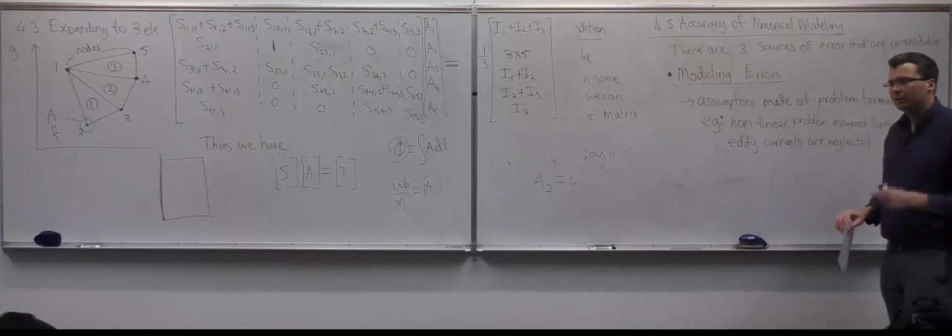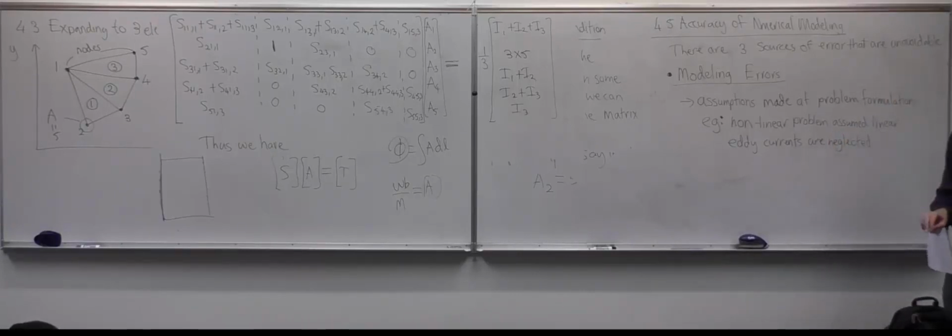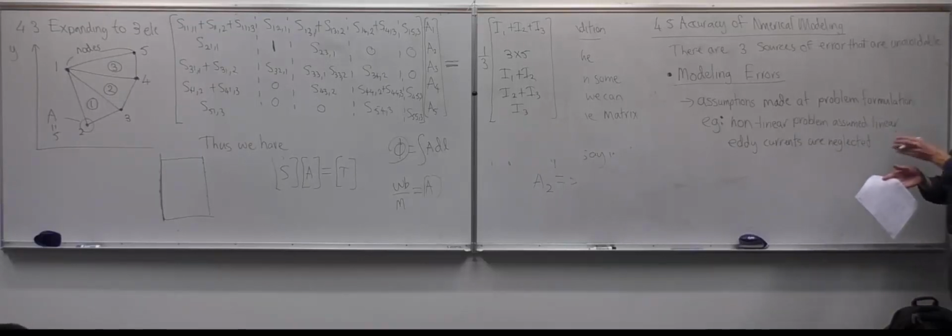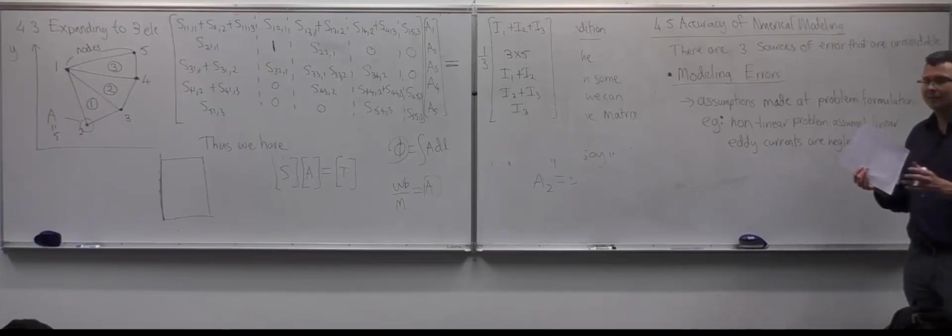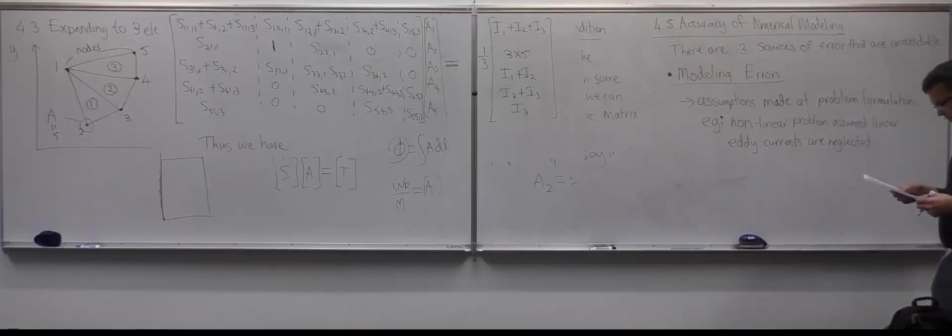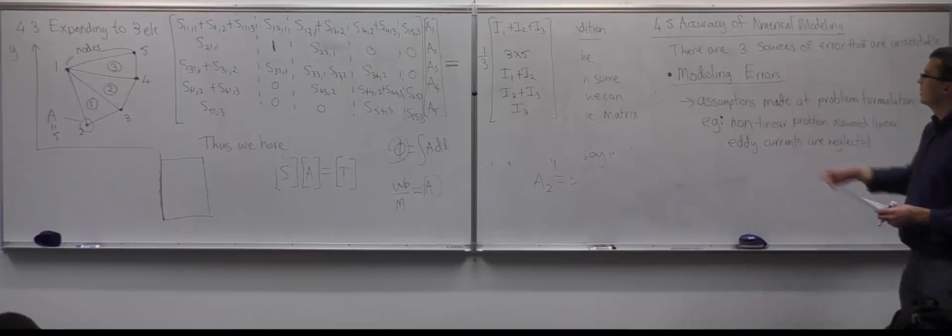There's core loss, which is extremely difficult to be accurate with. The model you use to account for core loss in a machine is going to have inaccuracies. And then laminations. Even if you model in 3D, you're not likely to model all of the laminations individually, so there's going to be modeling error because you don't account for that. So there's going to be a stacking factor. There are always going to be some modeling errors.